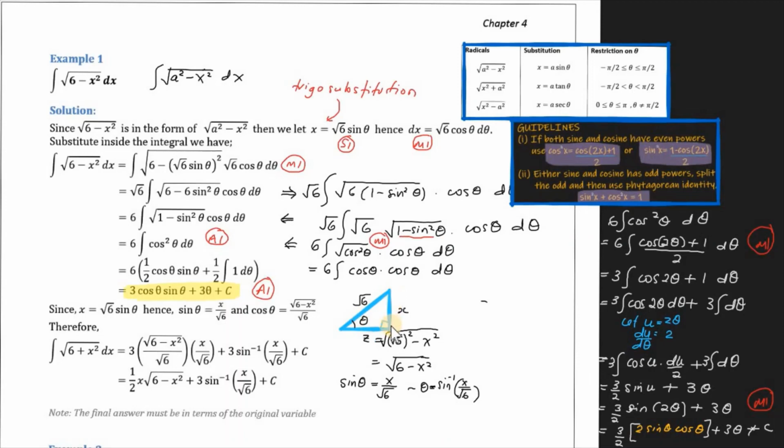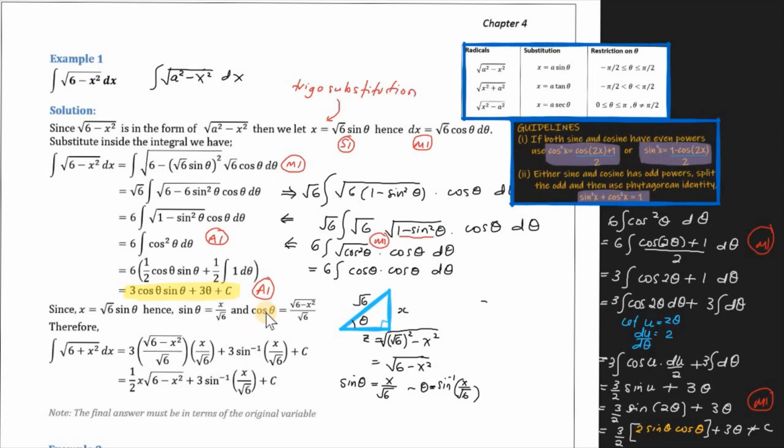If this is your theta, playing with your Pythagoras theorem, okay, definitions of a trigonometry, definition of a sine is opposite on hypotenuse. So this adjacent side, okay, is c square minus a square square root. So c square square root 6 square minus x square square root. So we get this side to be square root of 6 minus x square. And then from there we can read our cosine.